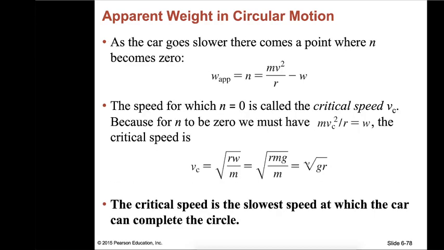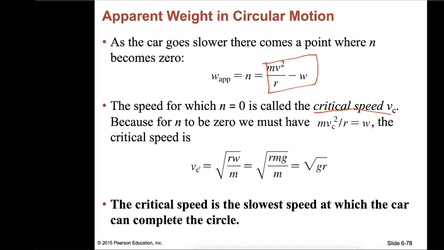And as the car goes slower, there comes a point where n becomes 0. If n is 0, then that means mv squared over r equals the weight. This speed at which normal force is 0 is called the critical speed. Critical speed happens when mv squared over r equals the weight.